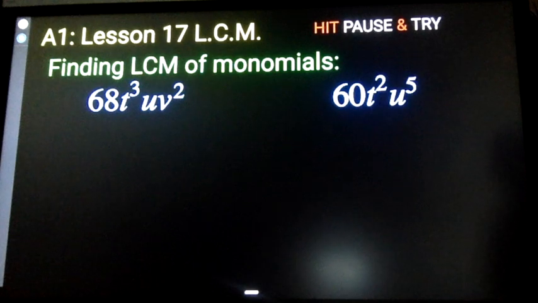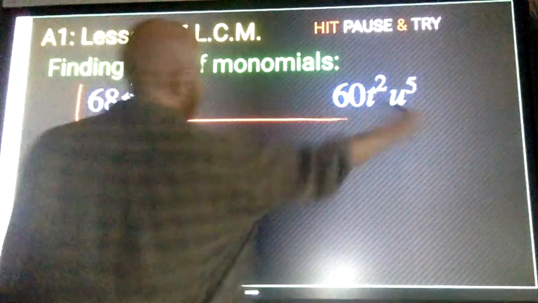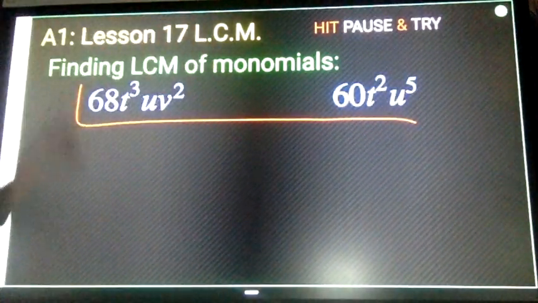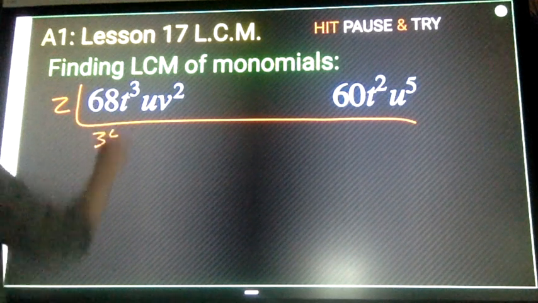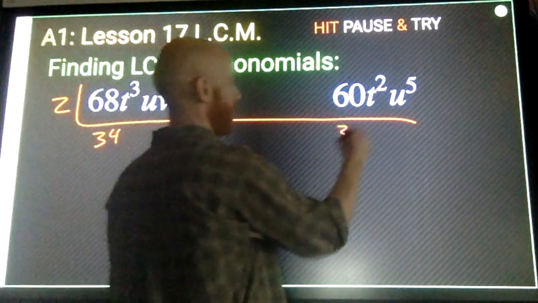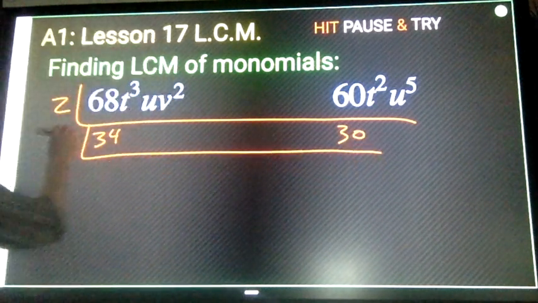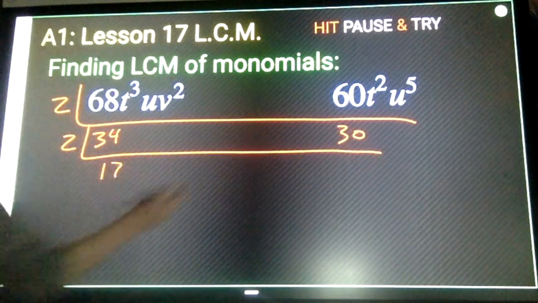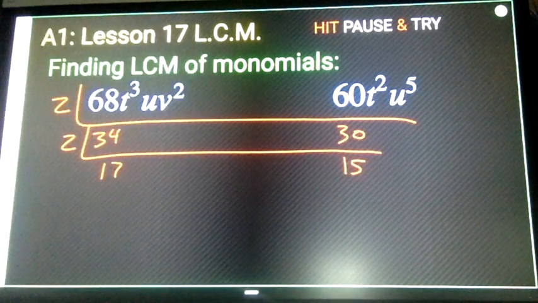Try this one, hit pause, try it before I do it. All right, here we go. Two divides both of these, 34 times, 30 times. 2 divides both of those 17 times, 15 times. All right, that's it.